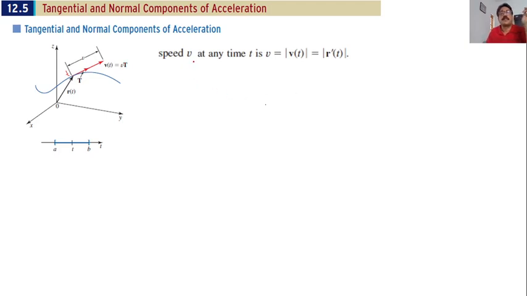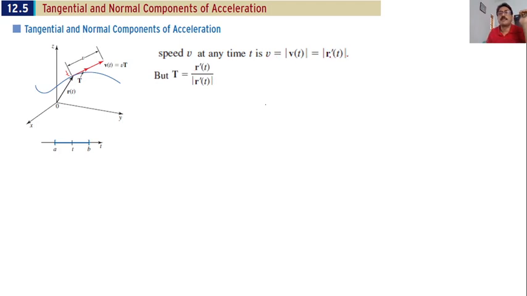Suppose speed of an object is v at any time t, then we know v is equal to the absolute value of the velocity vector v(t), and that is the absolute value of r dash. So v is equal to modulus of r dash.